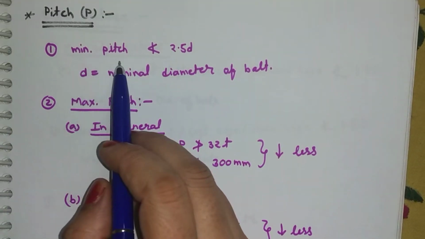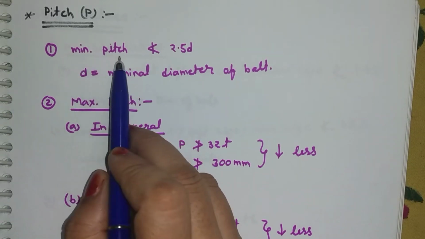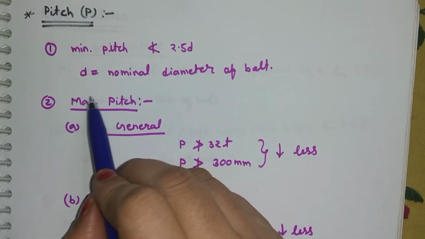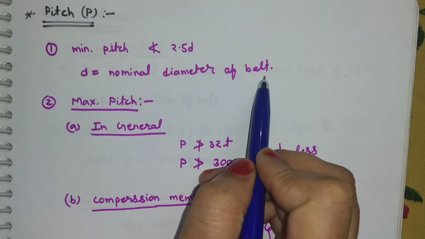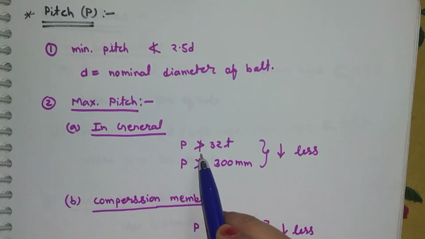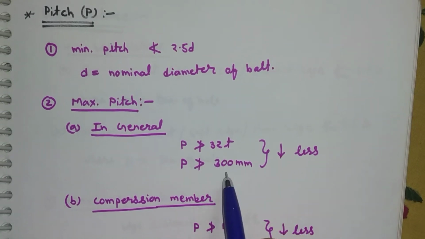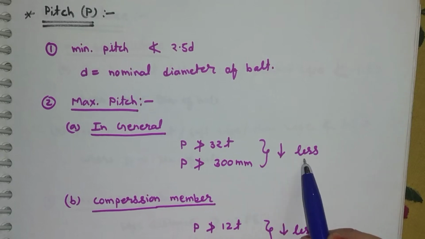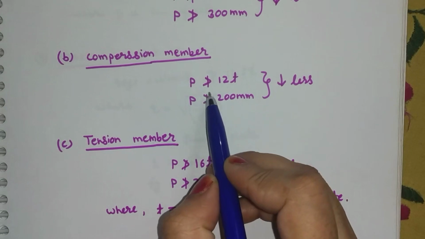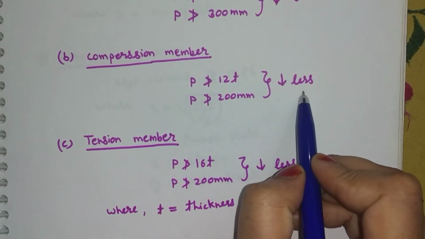For minimum pitch, the minimum pitch should not be less than 2.5 d, where d is the nominal diameter of the bolt. And in general the maximum pitch is not greater than 32 t or 300 mm, whichever is less. In a compression member the pitch is not greater than 12 t or 200 mm, whichever is less.